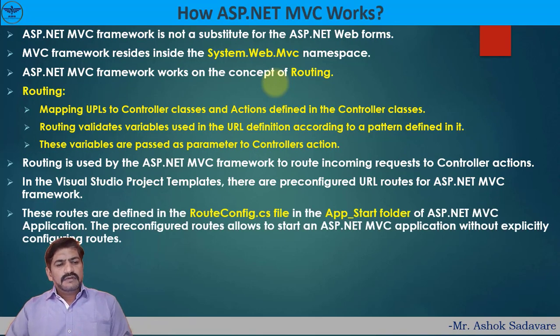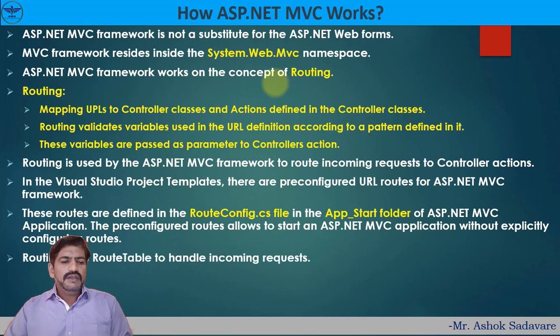These routes are defined in the RouteConfig.cs file, which is present in the App_Start folder within the ASP.NET MVC application. The RouteConfig.cs file specifies the configuration of the routes, so the pre-configured routes are available in the RouteConfig.cs file. The routing uses the route table to handle the incoming request.